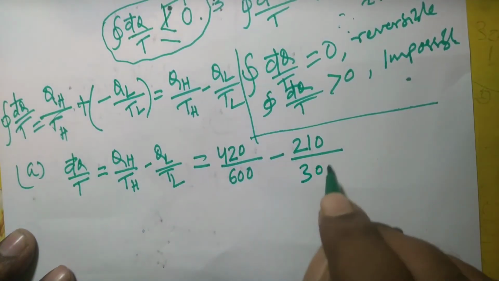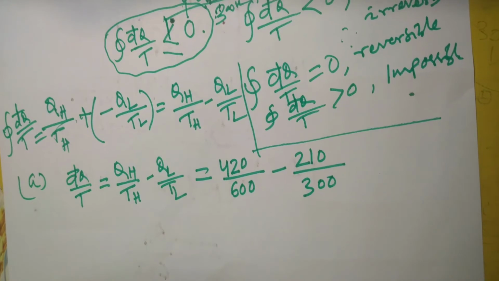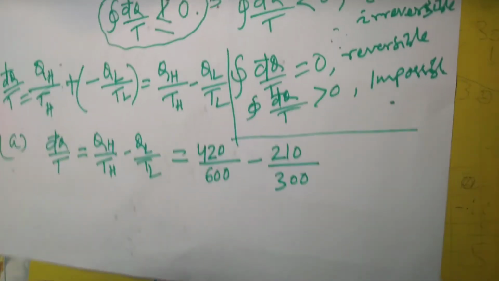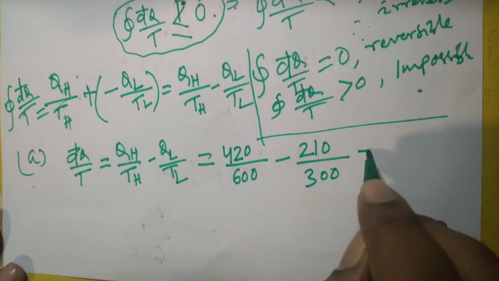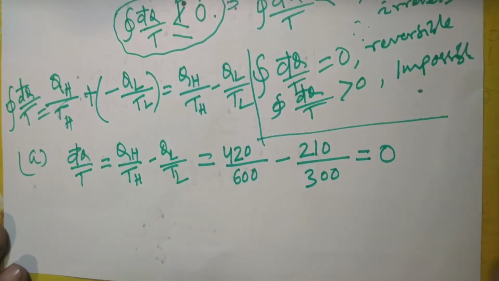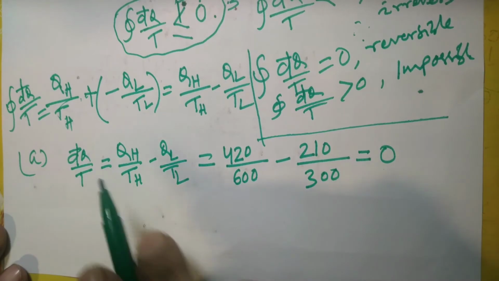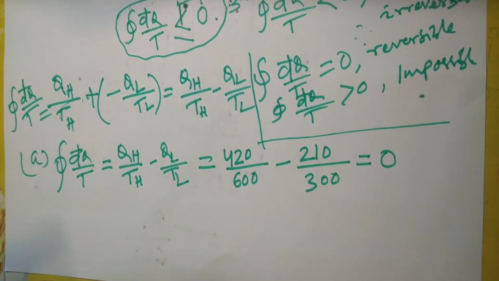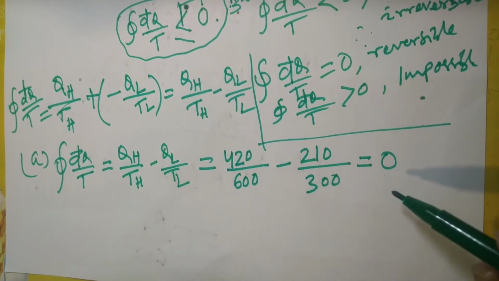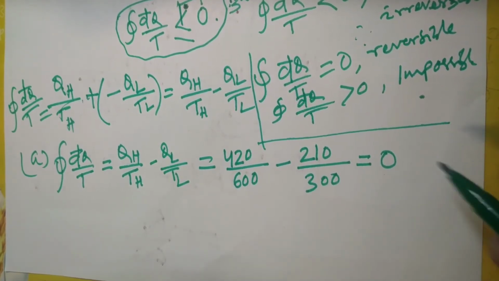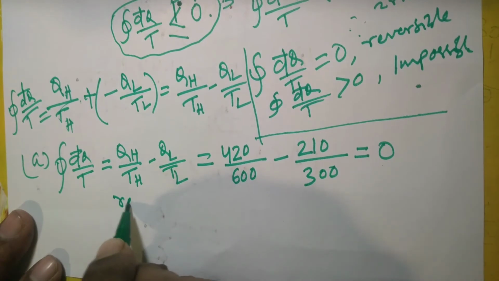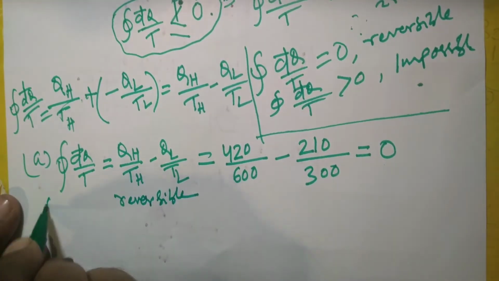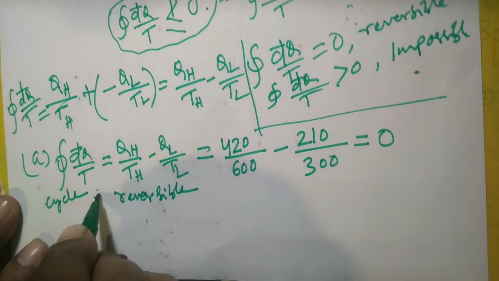The temperature of the sink is constant at 27 degrees Celsius. So this is equal to 0. Since the cyclic integral of d cut Q by T is 0, the cycle is reversible.